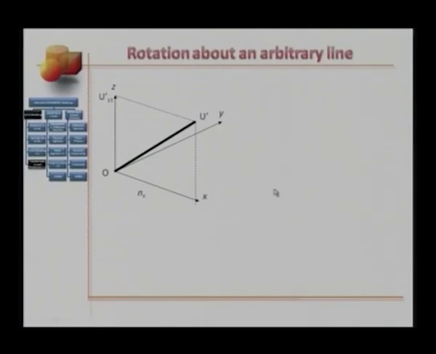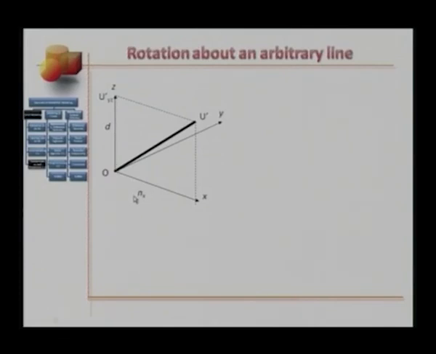Now, to make the line OU prime coincident with the z-axis, it becomes a little easier for us. If OU_yz prime is coinciding with the z-axis, remember, we have performed rotation previously, so this length will remain d.